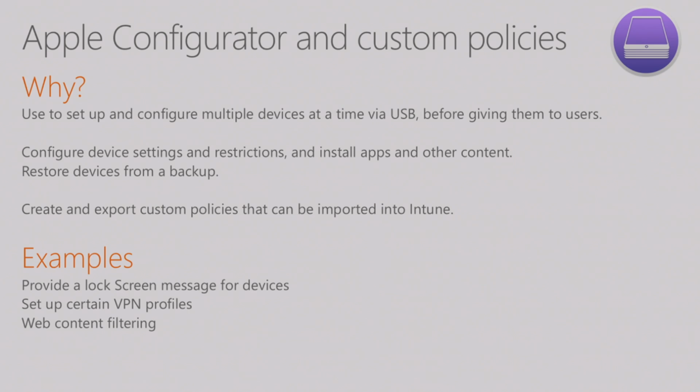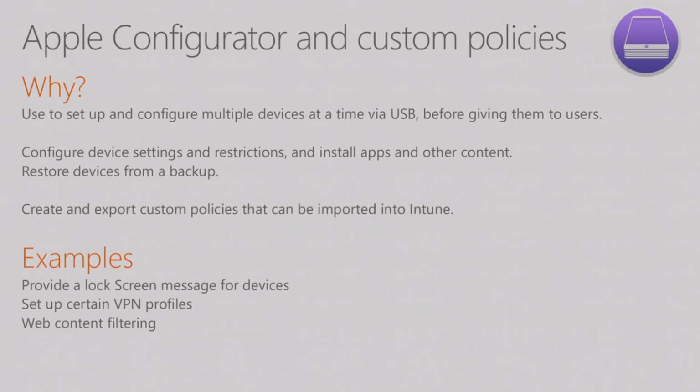What else can you do with Apple Configurator? So before we go back into the UI, there are certain settings that over time we're building into Intune, into our UI. But these are bits of functionality that Apple has put into the OS that we don't yet support.